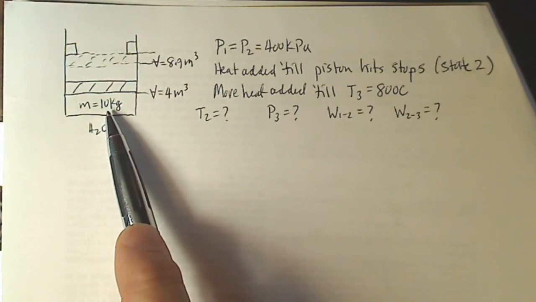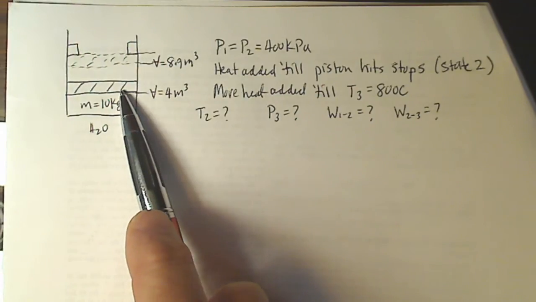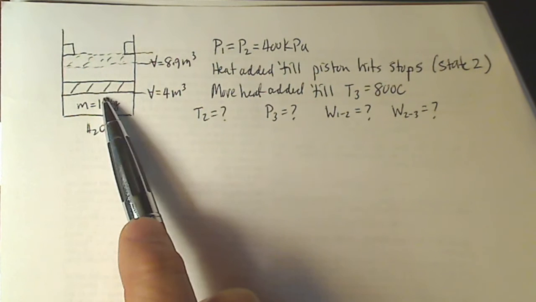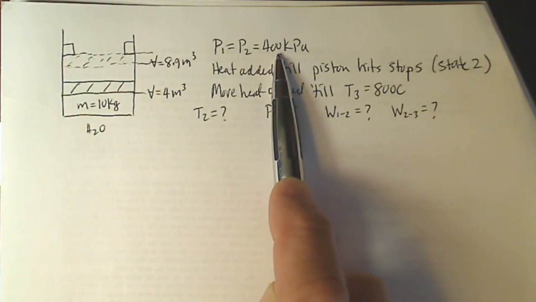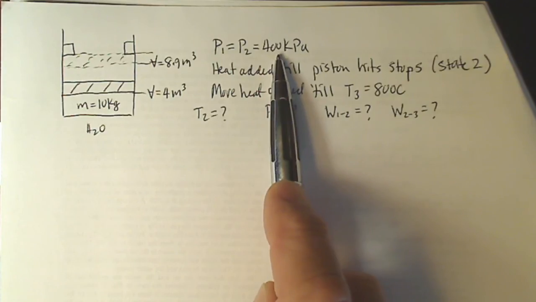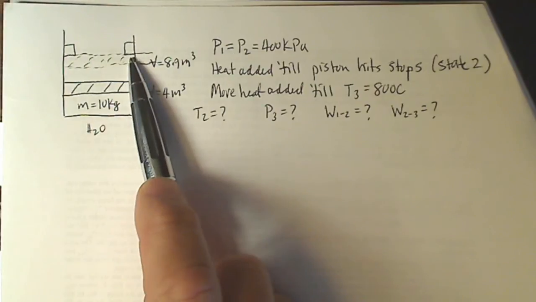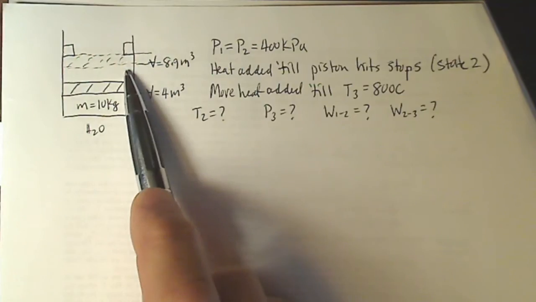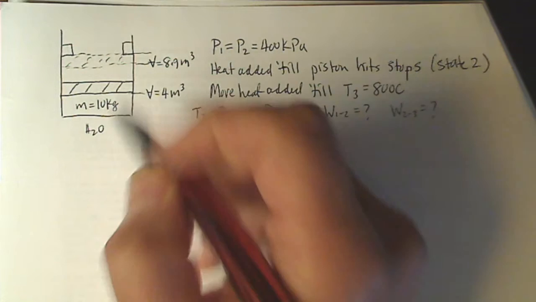We also know that the weight of the piston is such and the external pressure is such that the pressure inside the system is 400 kPa, and that the piston is free to move until it hits the stops. And so the pressure will be constant until such time as the piston hits the stops.